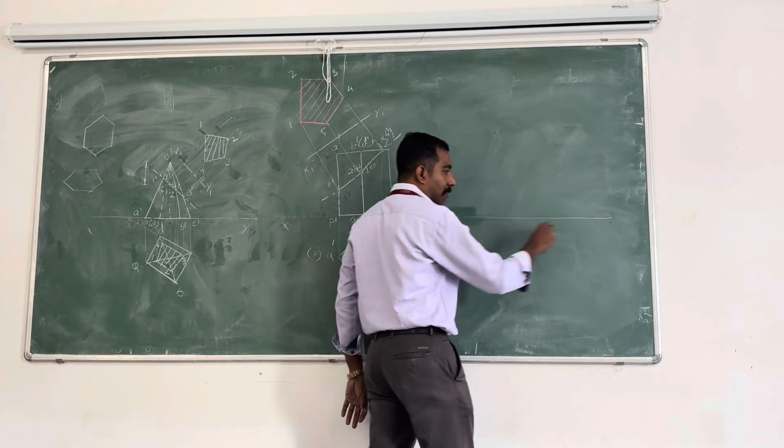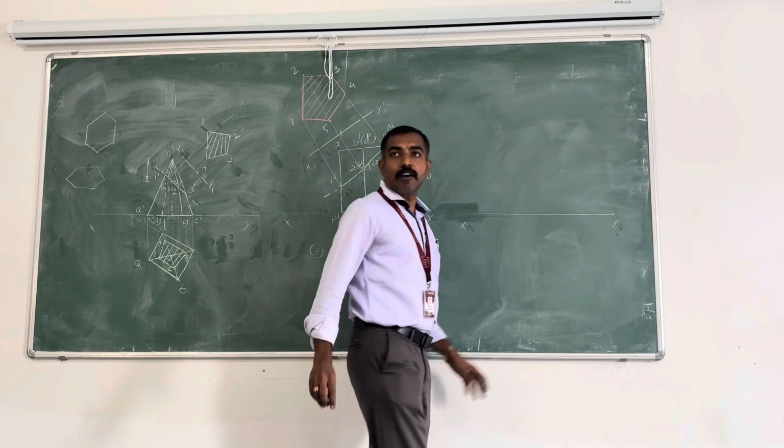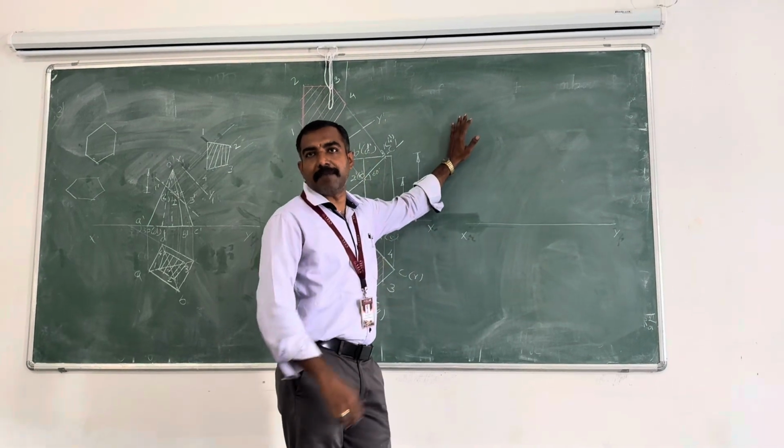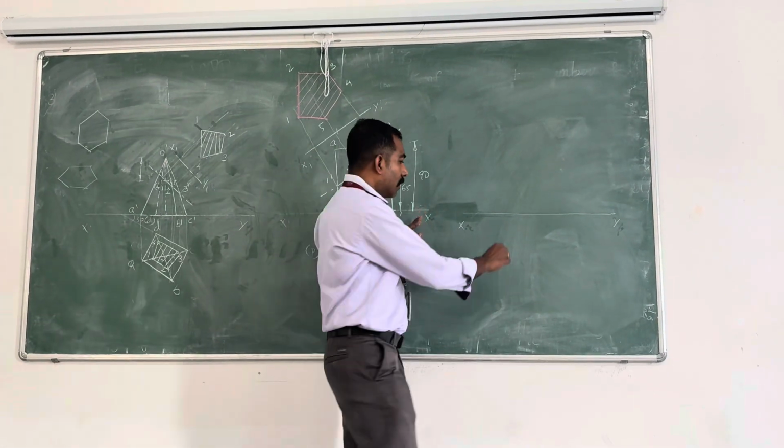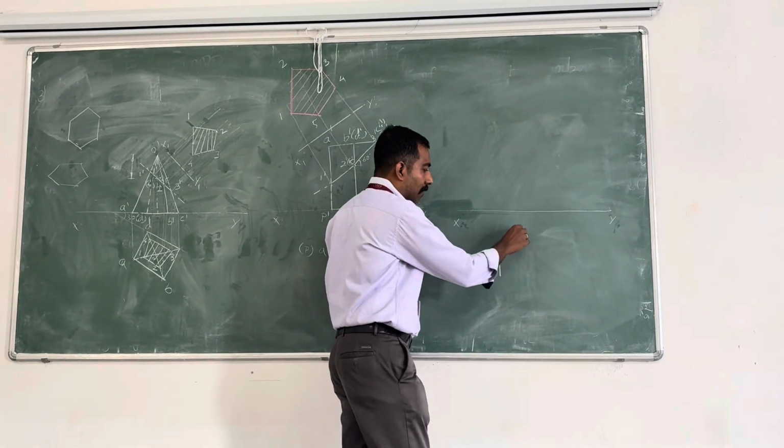Draw the XY line. Two of its base sides are perpendicular to VP, so this line should be perpendicular.